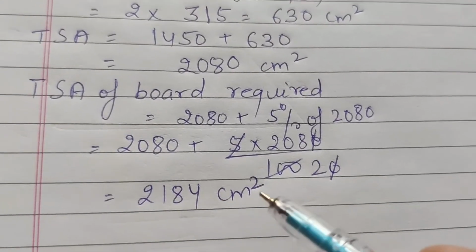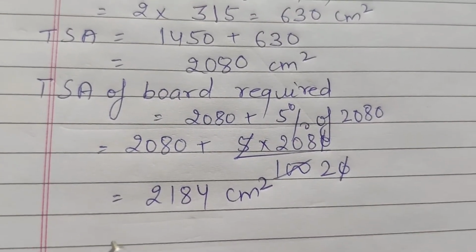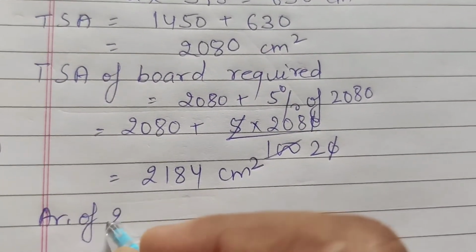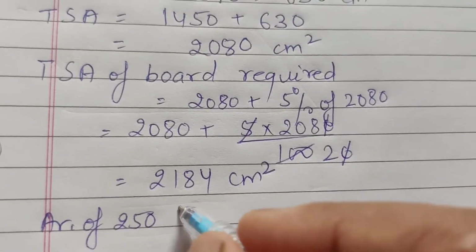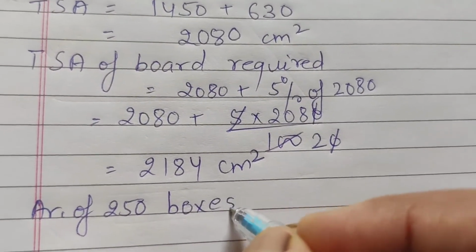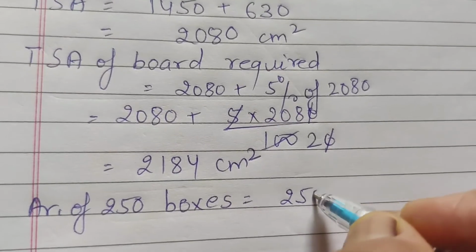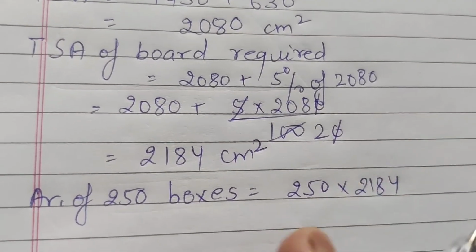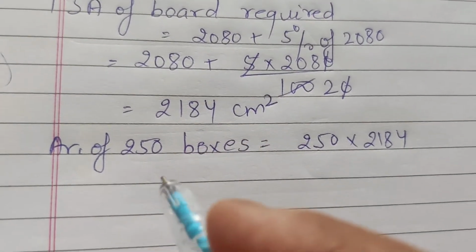And each type of box is required. How many boxes? 250 boxes. It means area of 250 boxes, 250 into 2184. Each type of 250. Now cost is rupees 4 per 1000.